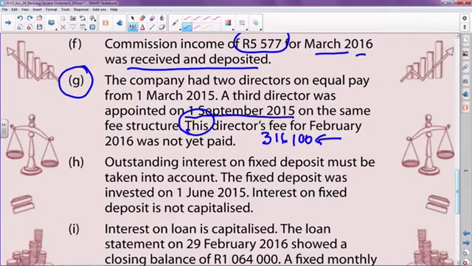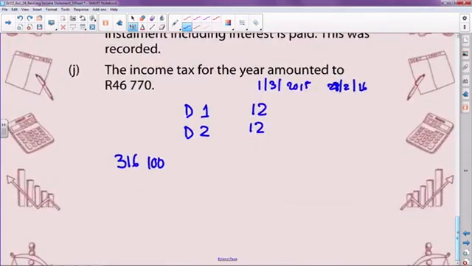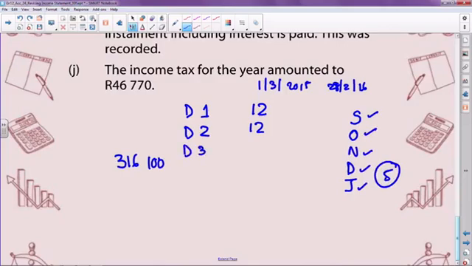Which one? The third one. So if he was appointed in September, you've paid him for September, October, November, December, and January. So that's 1, 2, 3, 4, 5. 5 months. The third director was paid for 5 months.